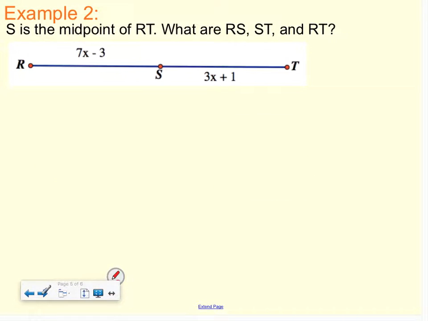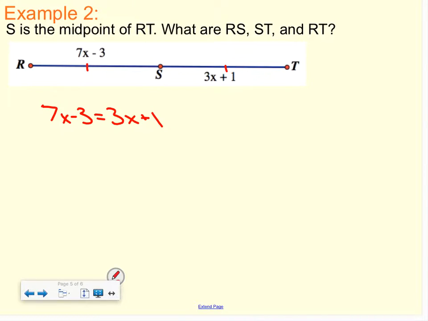Now here's technically another version of the segment addition postulate, but this time we don't know the whole length, but we have been told that S is the midpoint. Because it's the midpoint, I know that this is congruent to that. If they're equal to each other in length, instead of adding them together, I can just set them equal to each other, 3x plus 1.